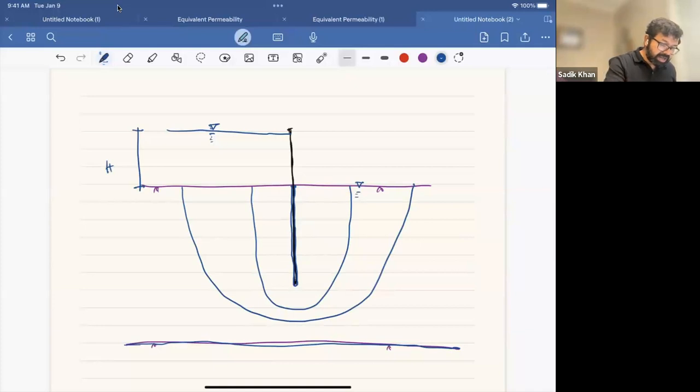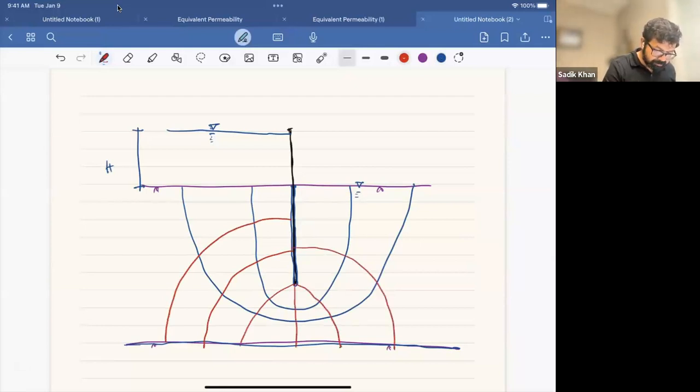On the other hand, we'll have our equipotential drops. They will cut the flow lines at right angles, like this, like this way. It's not perfect, but this is how it is.